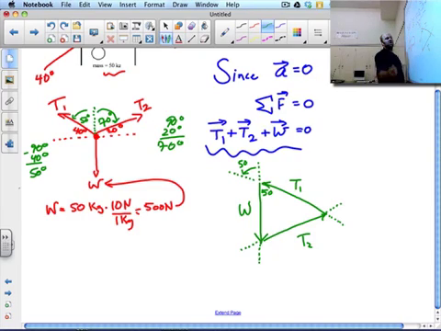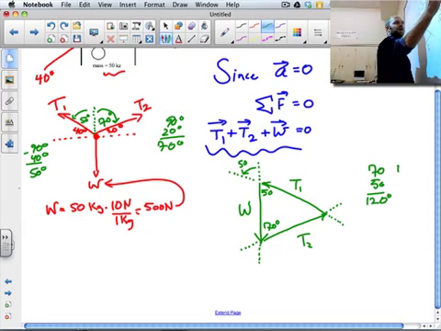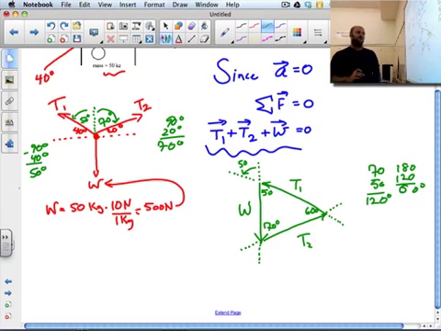Now 70 plus 50 gives me 120. If I subtract 120 from 180, I get my missing angle. No, that's 60. Sorry. There we go. So this is a 50, 60, 70 degree triangle, and it's not a right triangle.